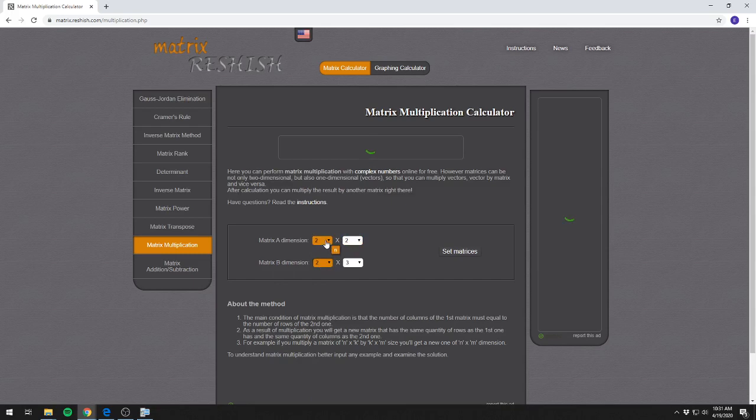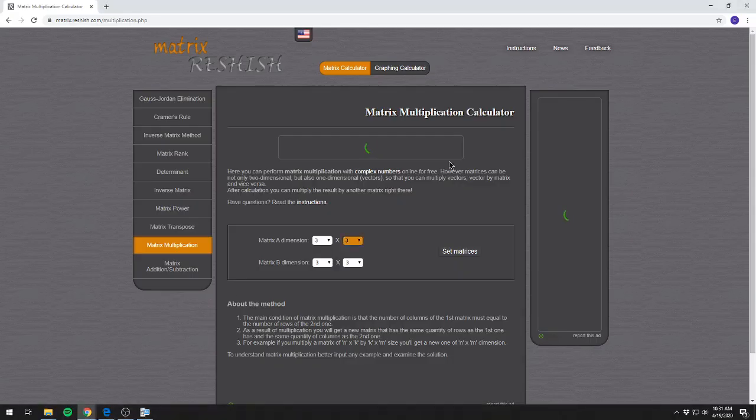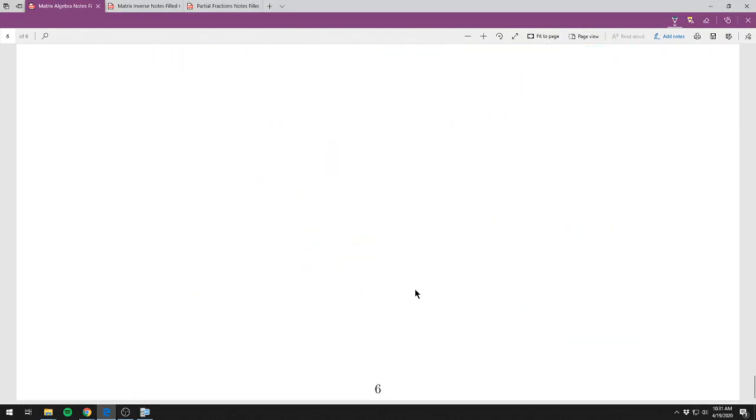Our first one was 3 by 3 and then a 2 by 3. If we try to do 3 by 3, this is already 3. To make this 2 by 3, we'd have to make this 2, but it switches that to 2. But you can't actually do it. All right, but that is matrix multiplication, and this concludes our matrix algebra section.